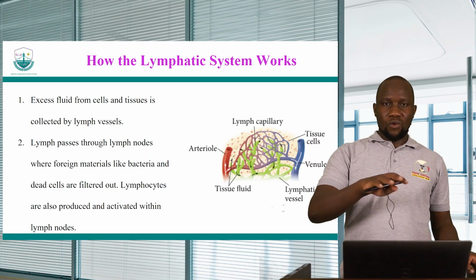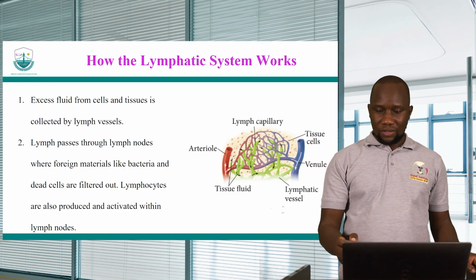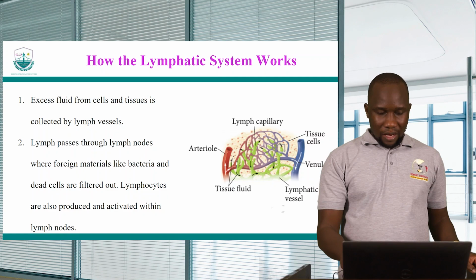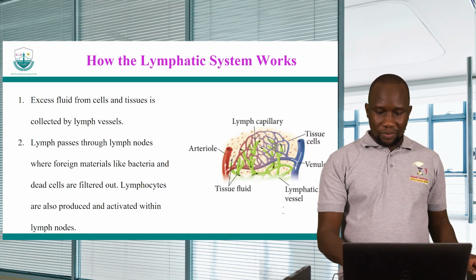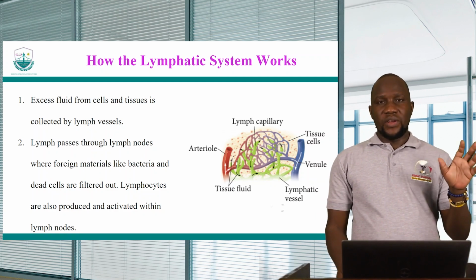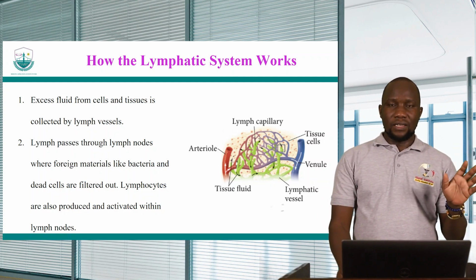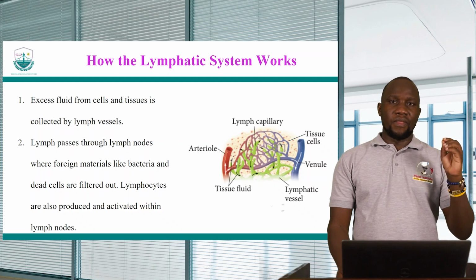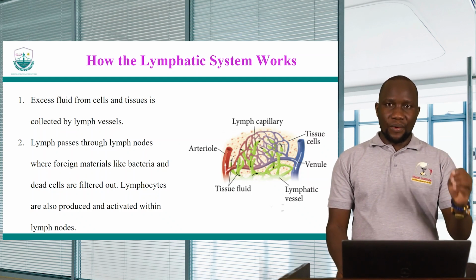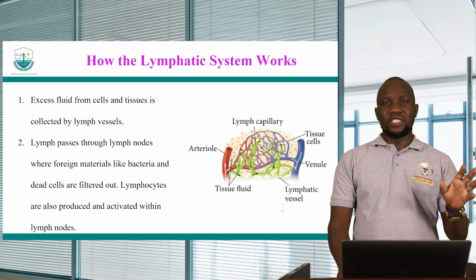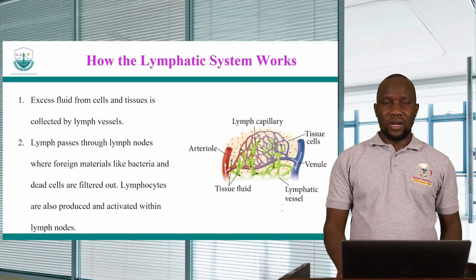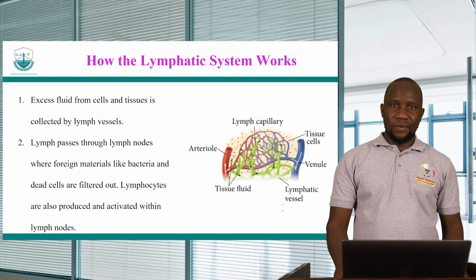So this fluid within the intercellular spaces, for example, we have here, let's just use this illustration. We have these blood vessels. Blood is carried away from the heart using the arteries. Now the arteries divide to form smaller branches that we call the arterioles.